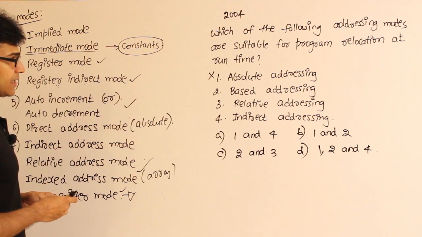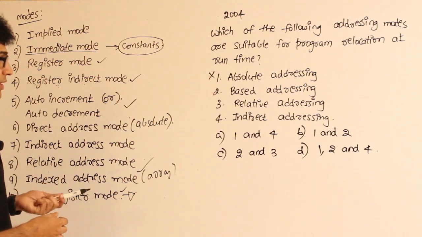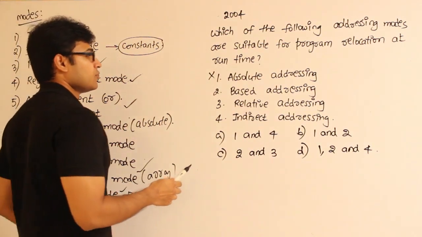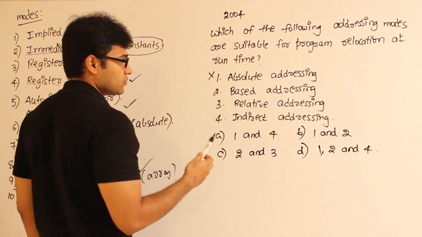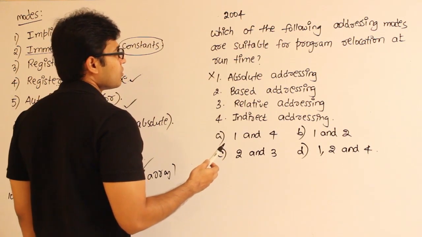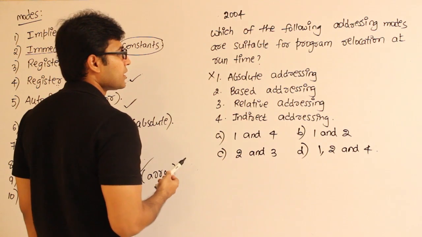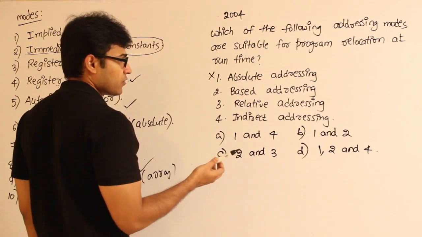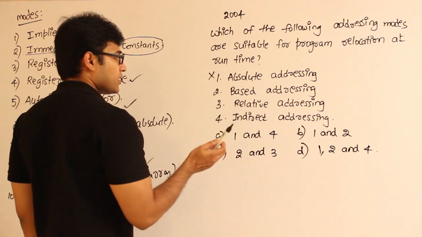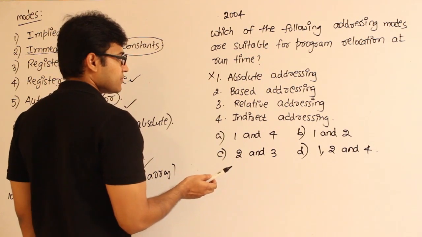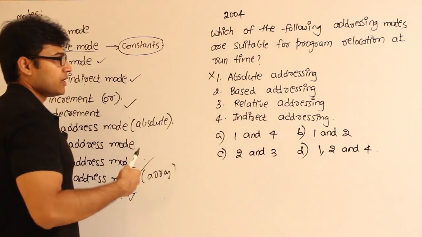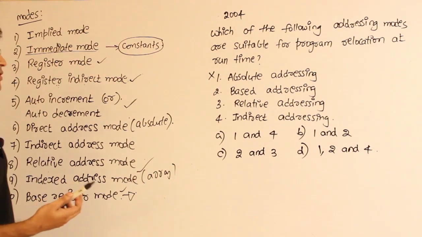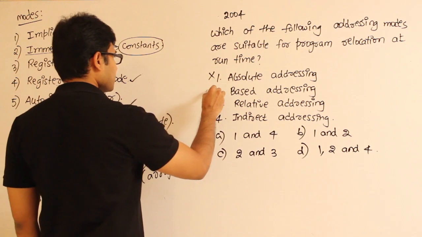And the next one is based addressing mode, and I told you that based addressing mode is very useful whenever you are trying to go for program relocation. The reason is, whenever we change the starting address of the program, you put that starting address in the base register, and then you compute the effective address every time that you refer to an operand. Therefore it is definitely useful.